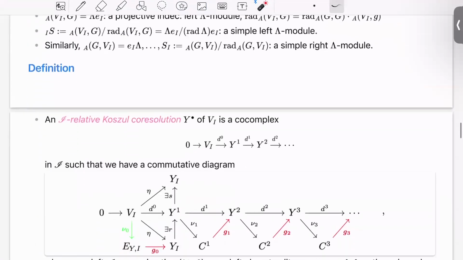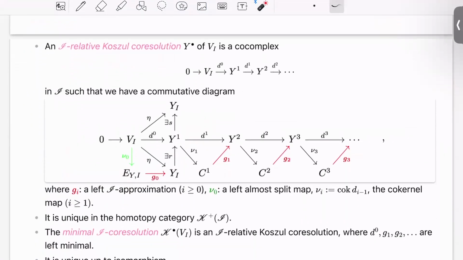Okay, then the definition. So this is the definition of the I-relative Cauchy complex. It is constructed as follows. An I-relative Cauchy complex is a co-complex of this form where we have the following commutative diagram. At first, this is our sequence.